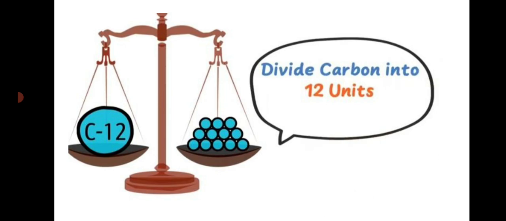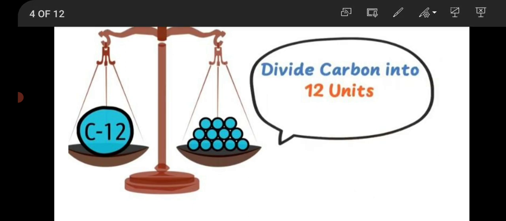So, what did the scientists try? They took carbon as a standard and divided the carbon into 12 units. So you can see here 12 units kept on one side and carbon 12. That means the mass of this carbon 12 is equal to 12 units.